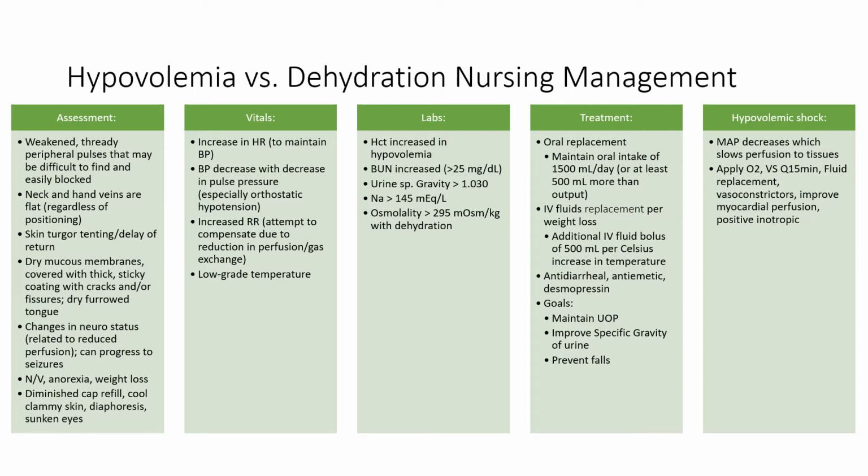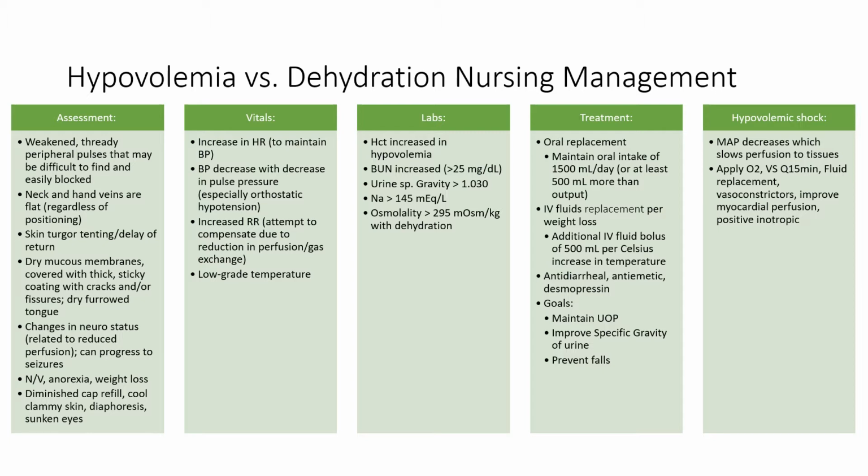Vital signs, they're going to have an increase in heart rate, which is a mechanism trying to maintain their blood pressure, but their blood pressure may decrease with a decrease in pulse pressure, especially in cases that they have orthostatic hypotension.